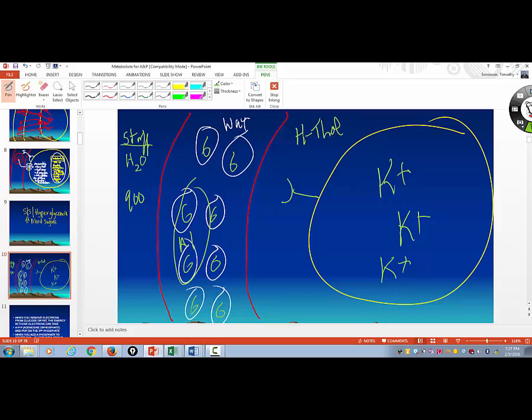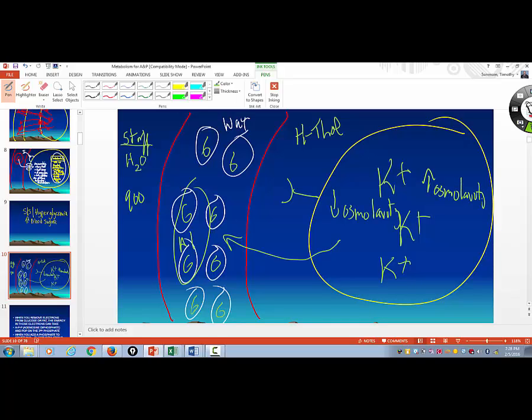So in this case, the osmolarity is low in the H-thal, and the osmolarity is high in the blood because osmolarity is stuff over water. So you got a lot more stuff. So to try to balance it out, water by osmosis is going to move from an area of low osmolarity to high osmolarity. And that is going to increase the osmolarity within the H-thal.